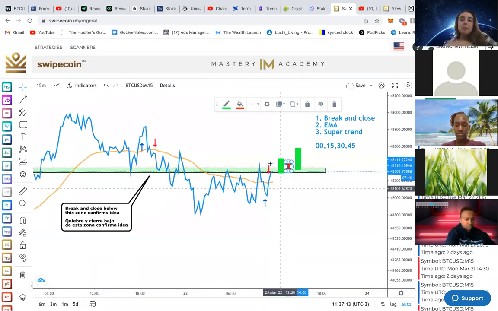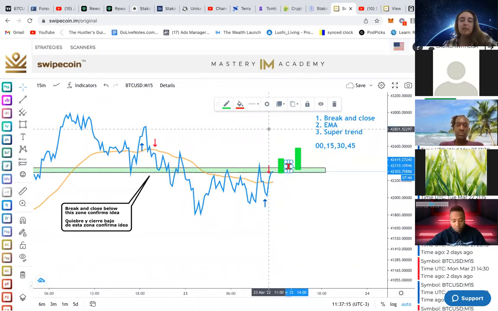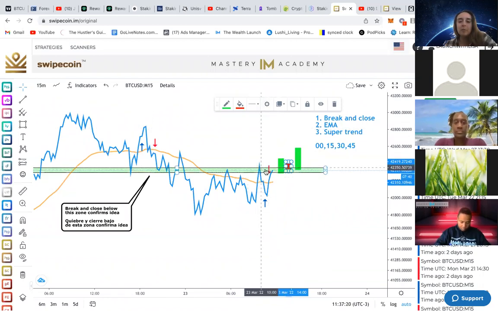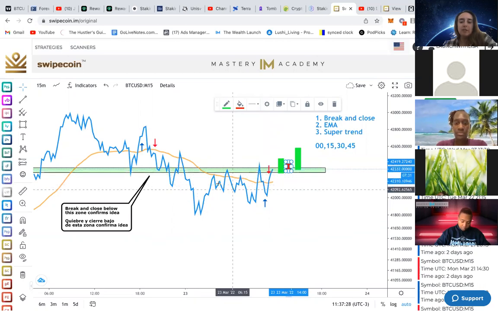So if the price is above average, we're buying. If the price is below average, we're selling. So right here, the price is above the average, so it's buying. Down here, the price is below the 50 average, the 50 EMA, so it is selling. All right, that's what your 50 EMA does.